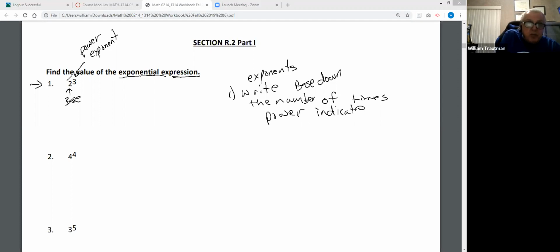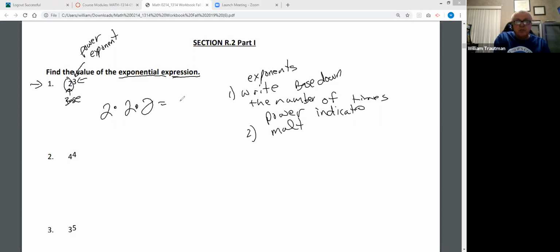So I'm going to write the base down, 2, 3 times. Do you see? And step 2, just multiply it. 2 times 2 times 2 is 8. 2 times 2 is 4, times 2 is 8. So 2 to the third power equals 8.